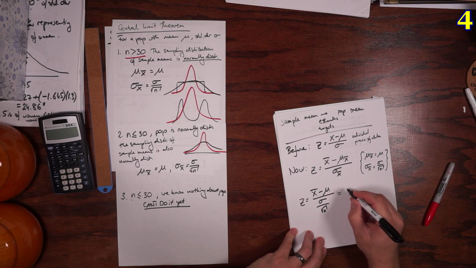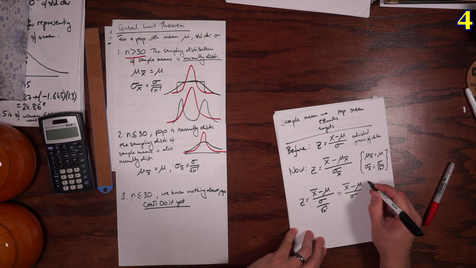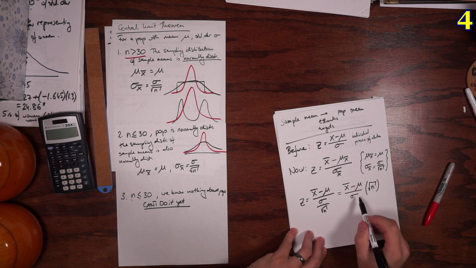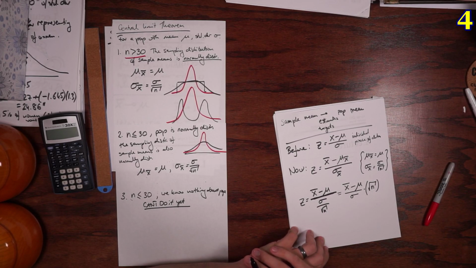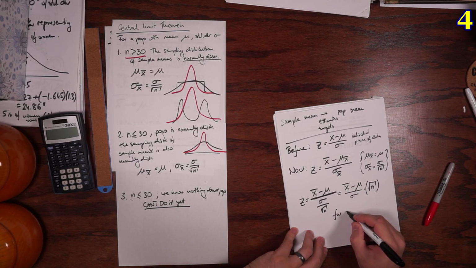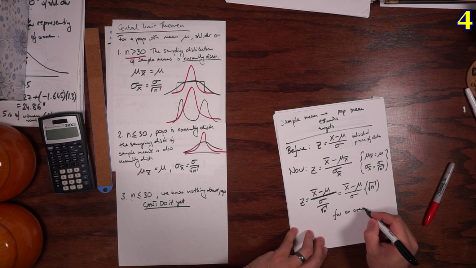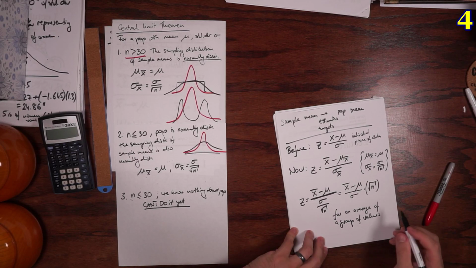Or if you prefer, and that might be easier to type into a calculator, dividing by a fraction is multiplying by its inverse. So those two things are equivalent. And this is for an average of a group of values. And by a group, I mean a sample.